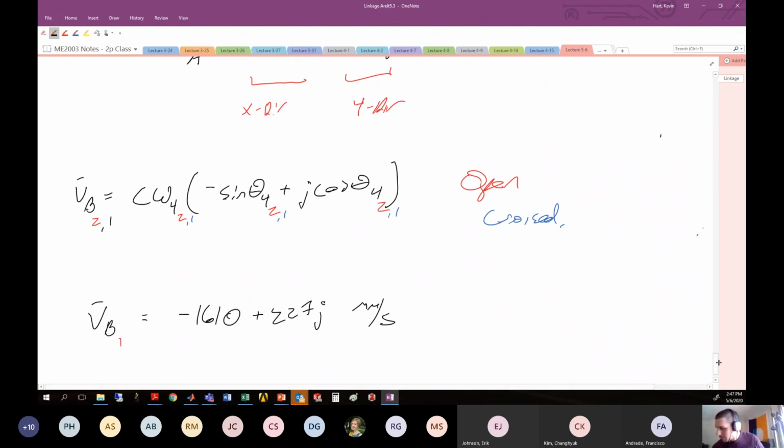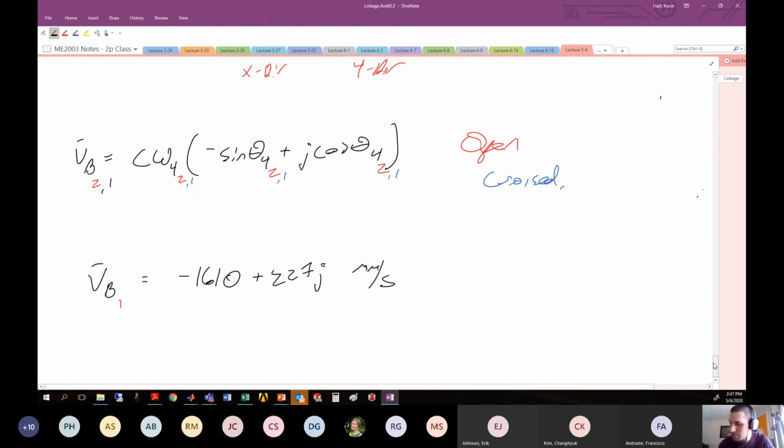This is a vector form, magnitude and direction both included. This is cross. And then we also have the velocity of B for the open configuration, which we labeled as 2. If we work through this, it is going to be negative 471 plus 302j millimeters per second, and this is for the open configuration.